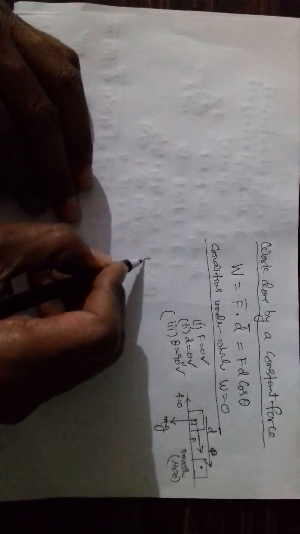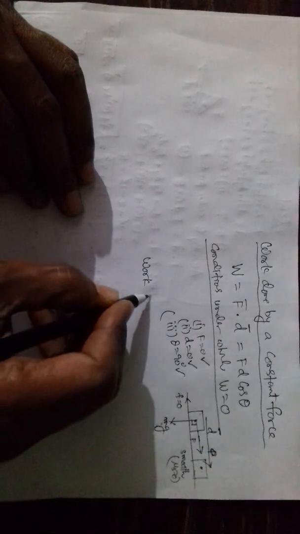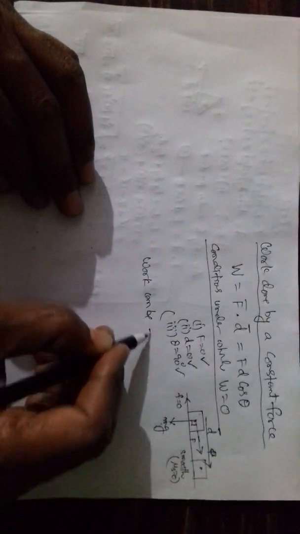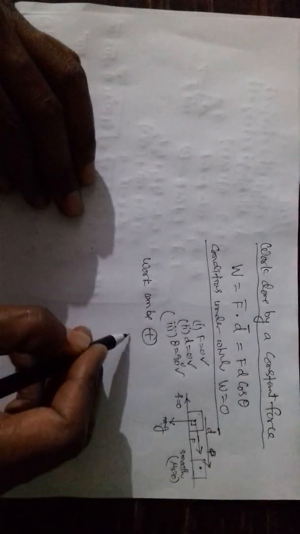Next, work can be positive as well as negative. For example, this is the floor. Here an object is there having some mass. Suppose you drop the object there. Under the action of gravitational force, it is moving downward.